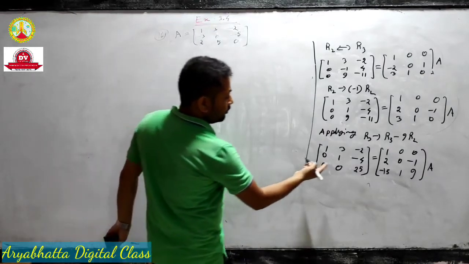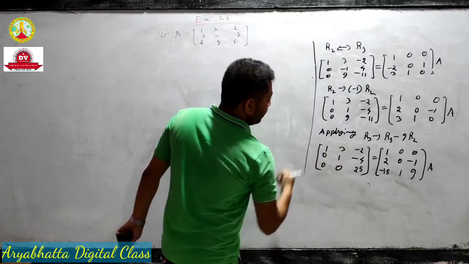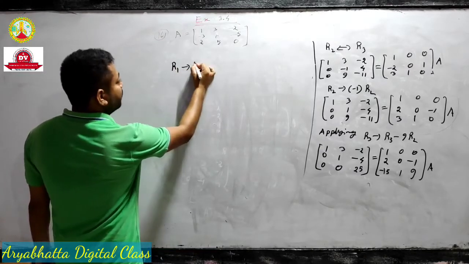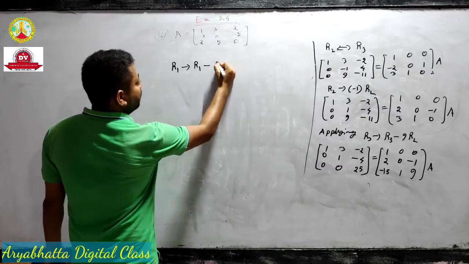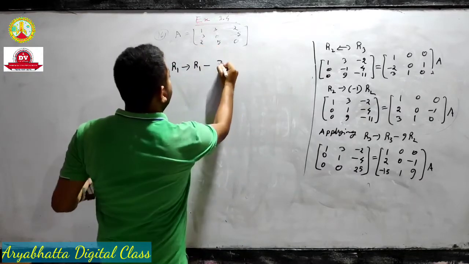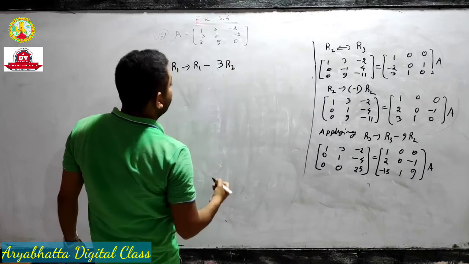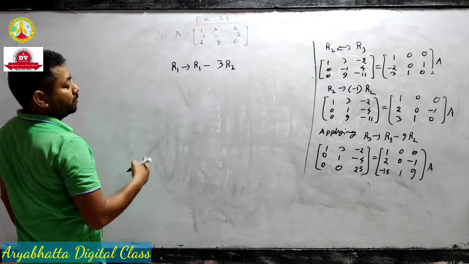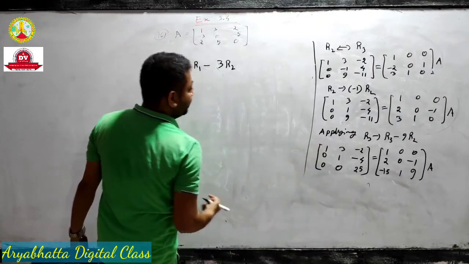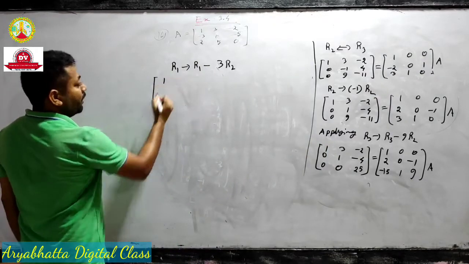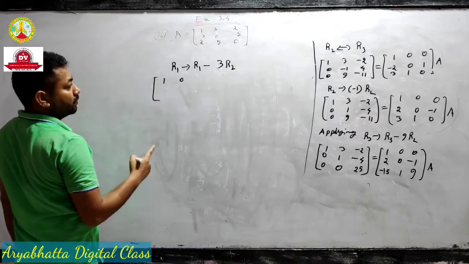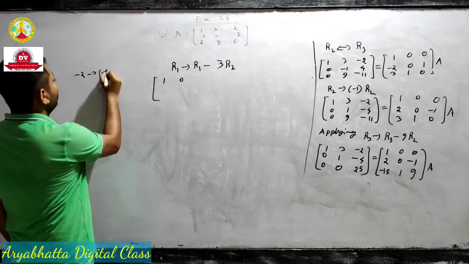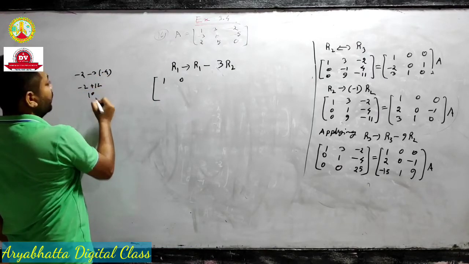Next, for these elements, R1 tends to R1 minus 3 into R2, because these elements have to be equal 0. 1 0, next minus 2 minus 3 into minus 4, is equal to 10.